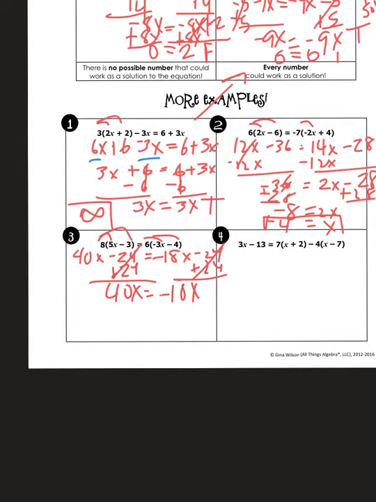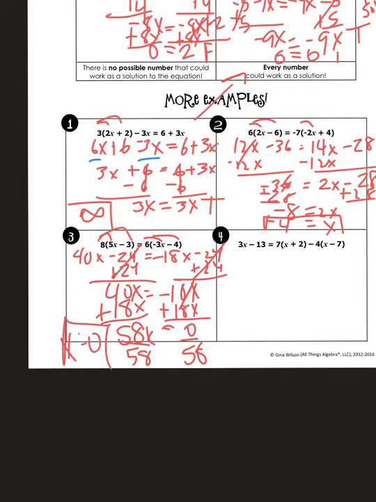This is false. Actually, I stand corrected. I can continue to solve this. Sorry, don't mean to confuse you. I had to double check my work. I'm going to keep solving this. Add 18x to both sides. I get 58x equals 0, and I can divide by 58, and x equals 0.